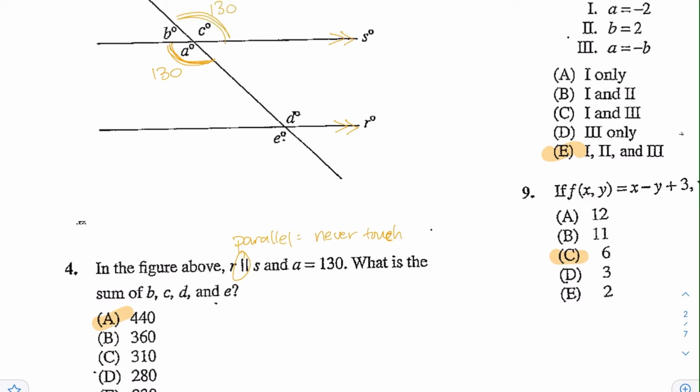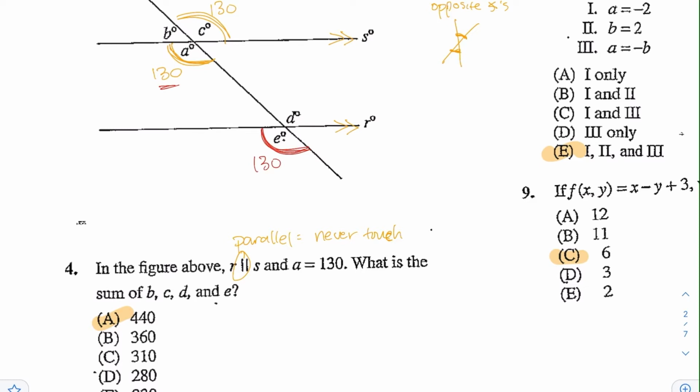Angle A and angle C are known as opposite angles. Opposite angles form this letter X, and they are equal. Now angle A being 130 degrees means that angle E is also 130 degrees.